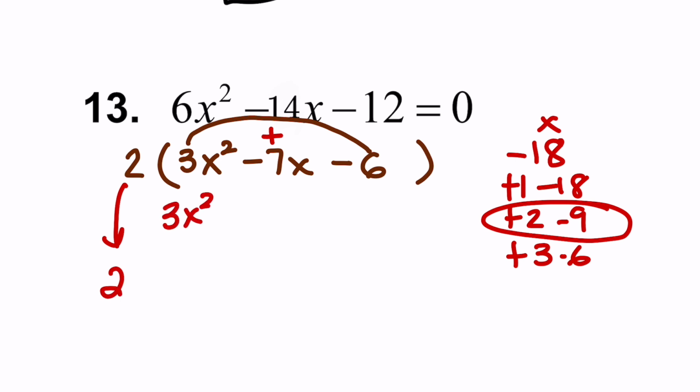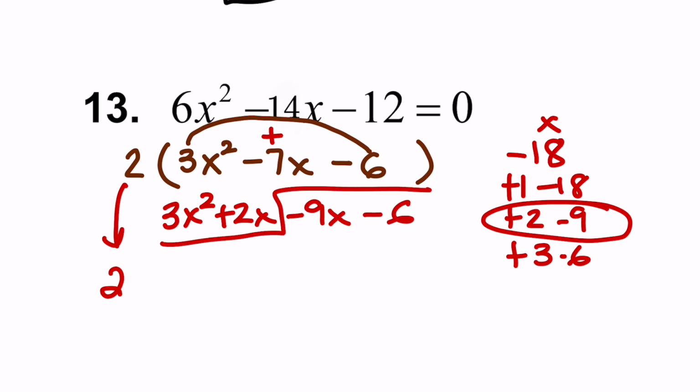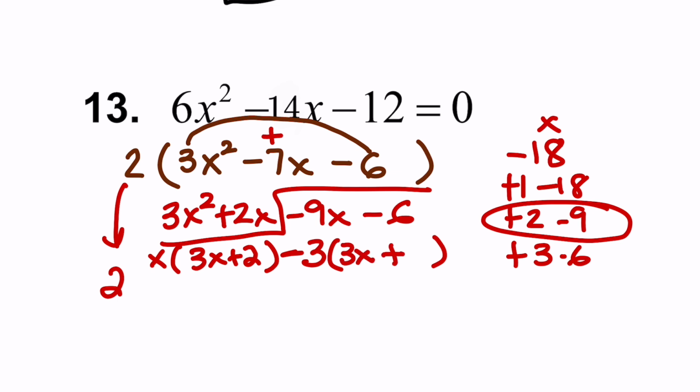We have 3x squared plus 2x minus 9x minus 6. And then the first two have an x in common. We have 3x plus 2. Whatever sign we have here, we bring it down. Now 3 will divide evenly into both 9 and 6. 3 times 3 is 9, and negative 3 times a positive 2 will give us negative 6.